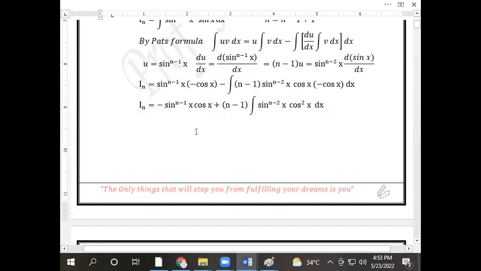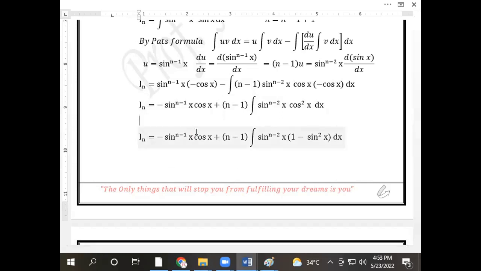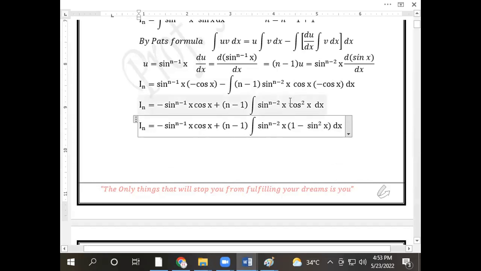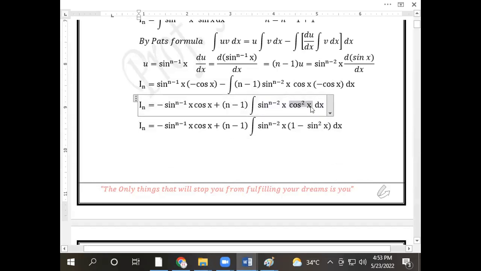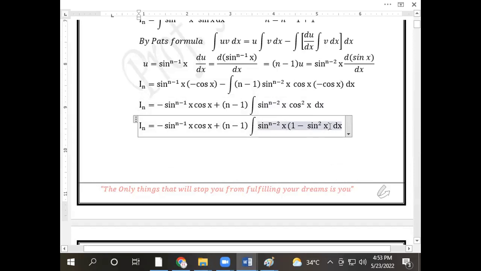So this is the reduction step. Again, we use the formula for cos square: cos square is nothing but 1 minus sine square. The sine raised to n minus 2 is multiplied by the bracket 1 minus sine square x. We got the integration of sine raised to n minus 2 x.